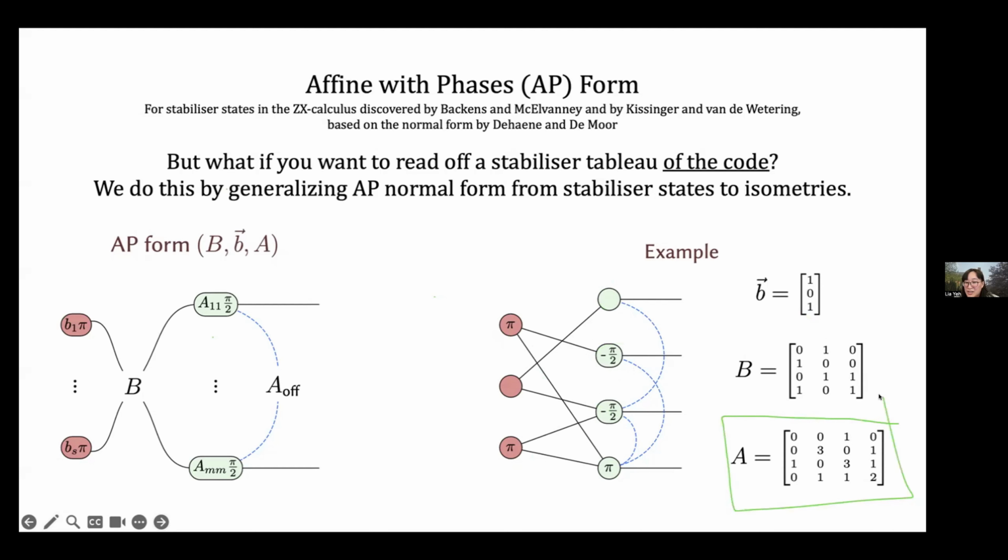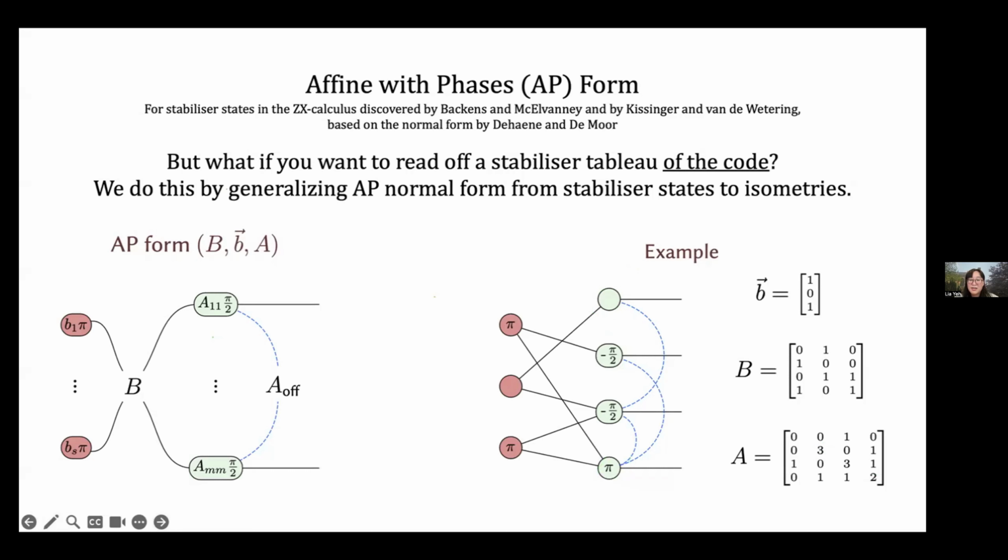And then for this adjacency matrix A, let's look at the diagonal parts first. This is e to the i pi, e to the 3 pi i over 2, so this is 3. This is base rate 0. And then this one is e to the 2 pi i over 2, so that's just pi, which is why it's 2.